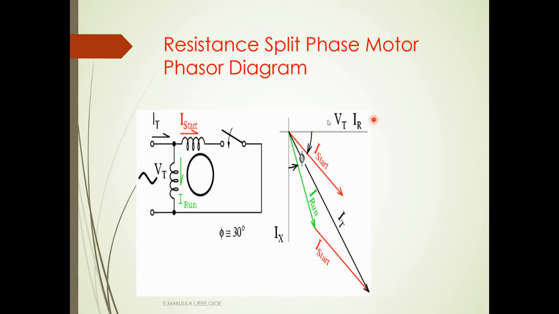So in this vector diagram, this is I start at a certain angle, and this will be I run.